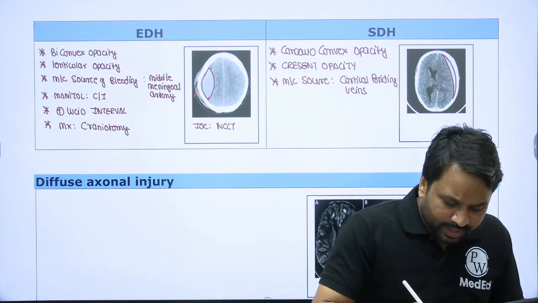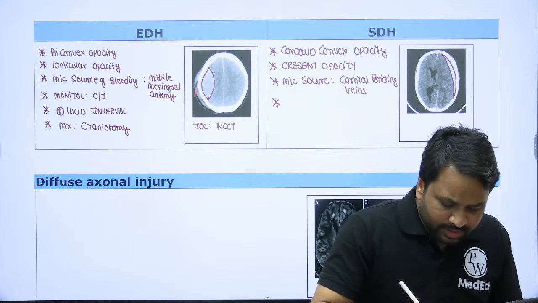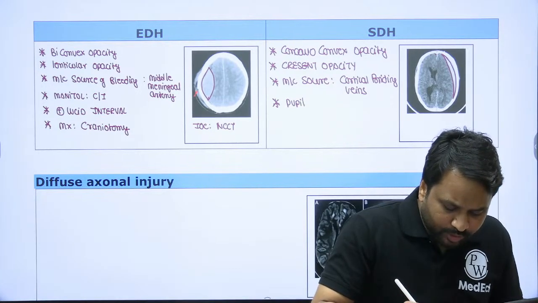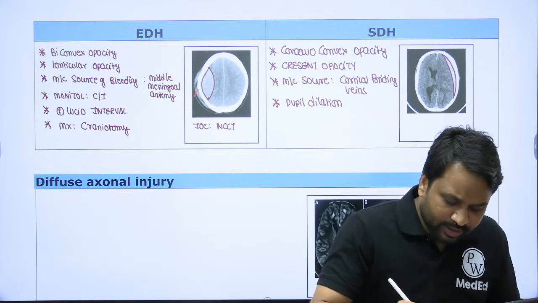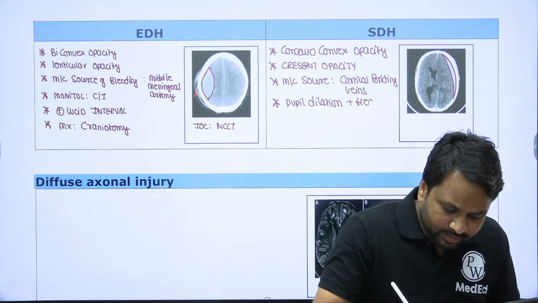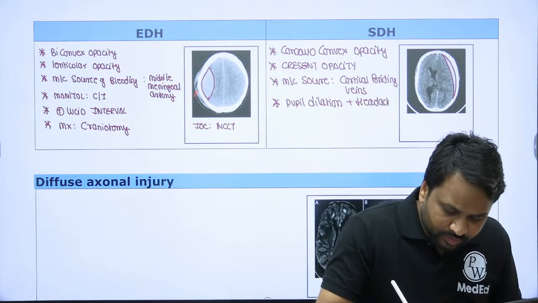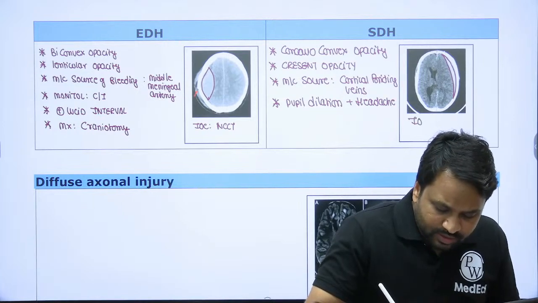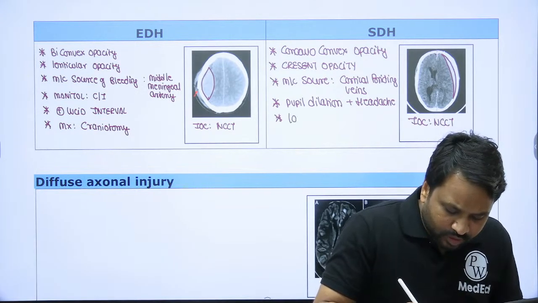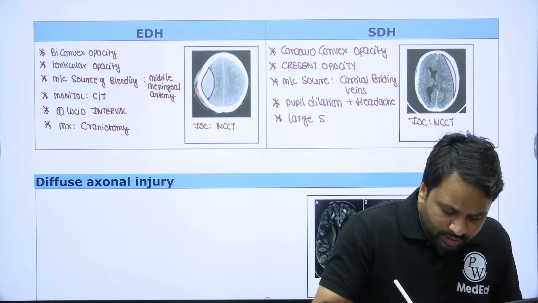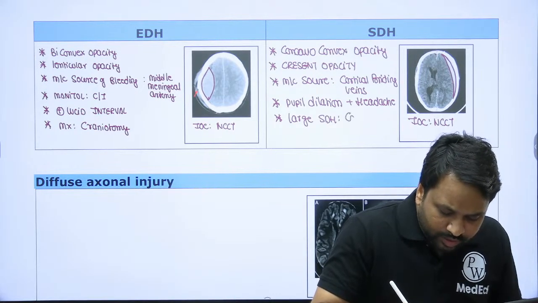Talking about the characteristic feature, you will say there is presence of pupil dilation, which will be progressive. Investigation of choice here is going to be NCCT. For large subdural hemorrhage, we do craniotomy.